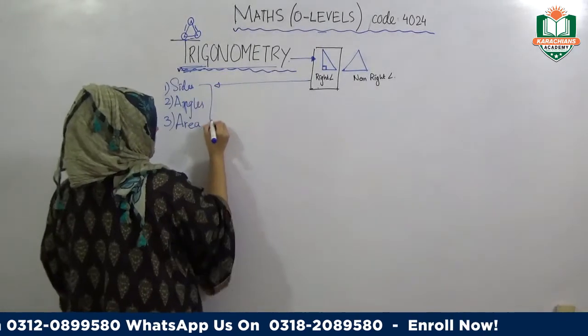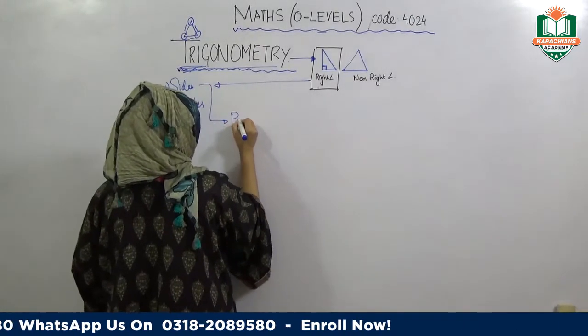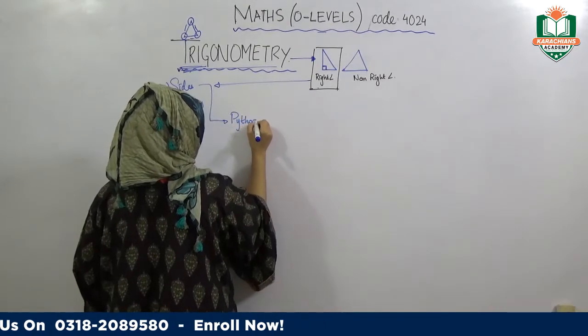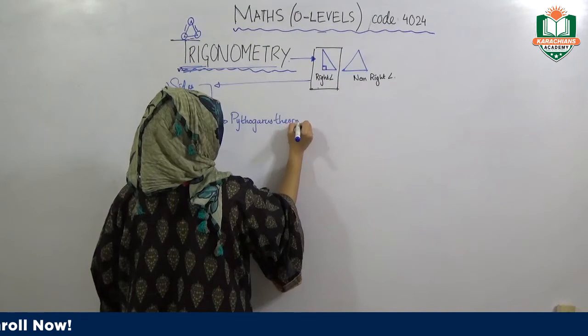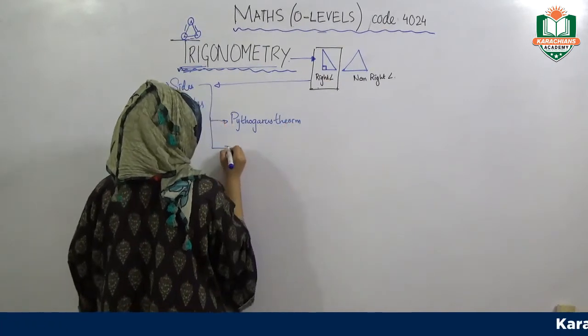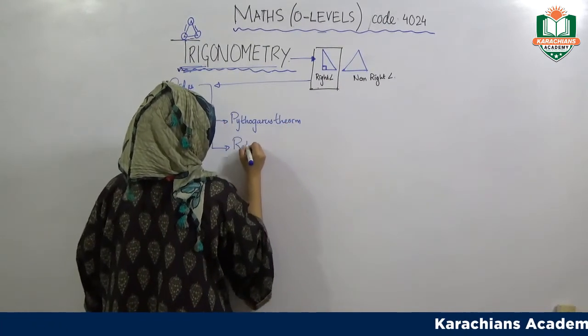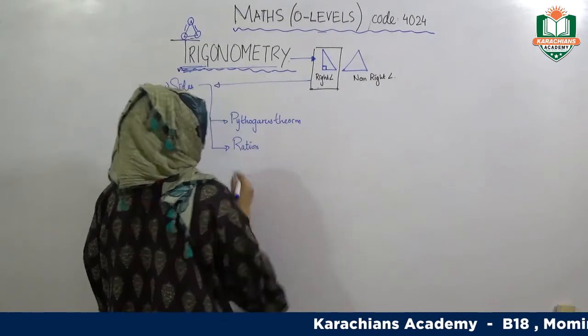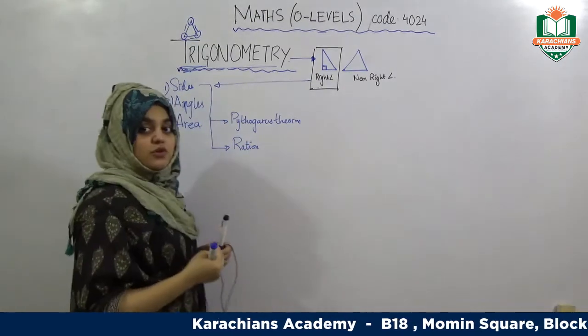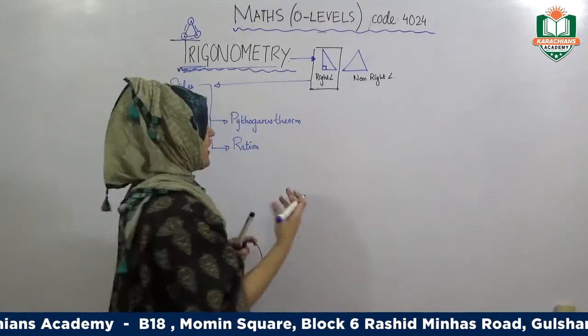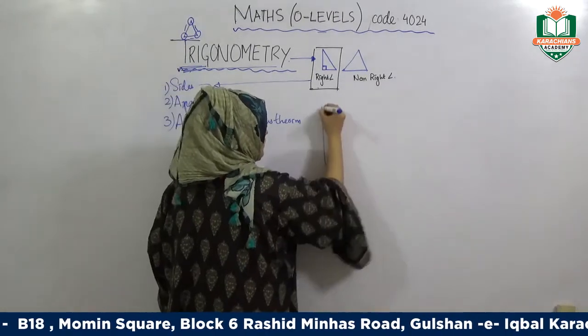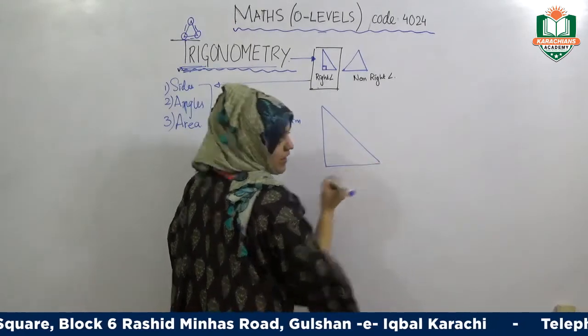Sides we find by the Pythagoras theorem and ratios. But before getting onto these, we need to know how we are supposed to identify our triangle. So, this is the right angle triangle we have over here.